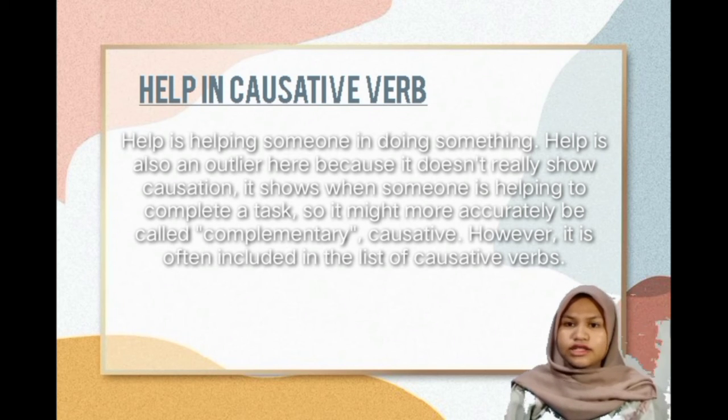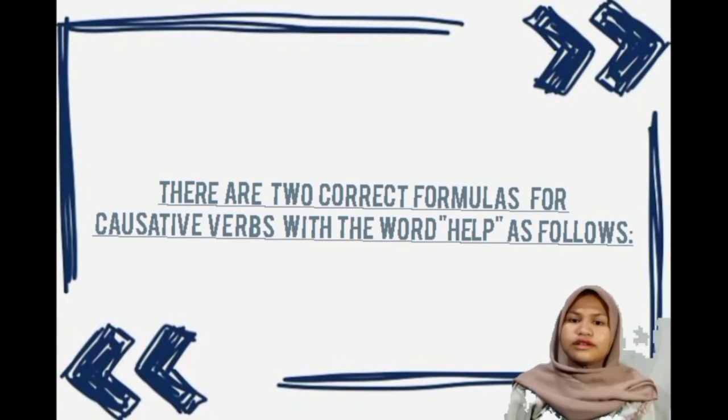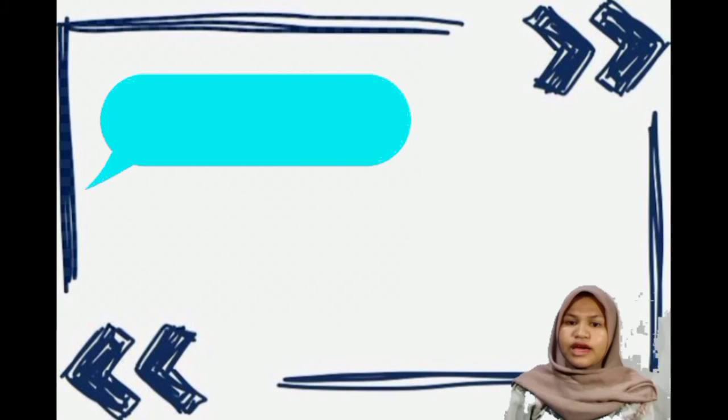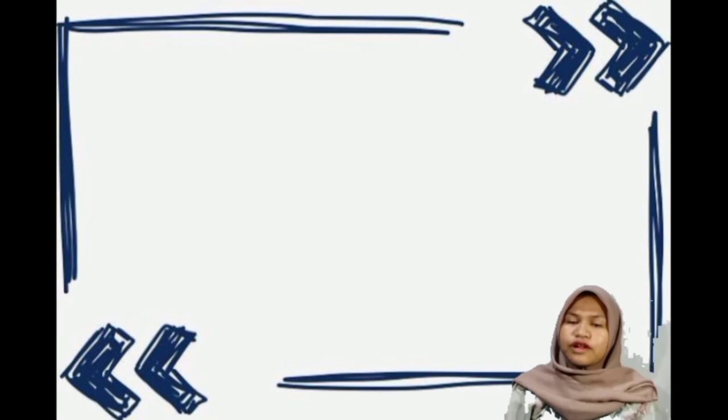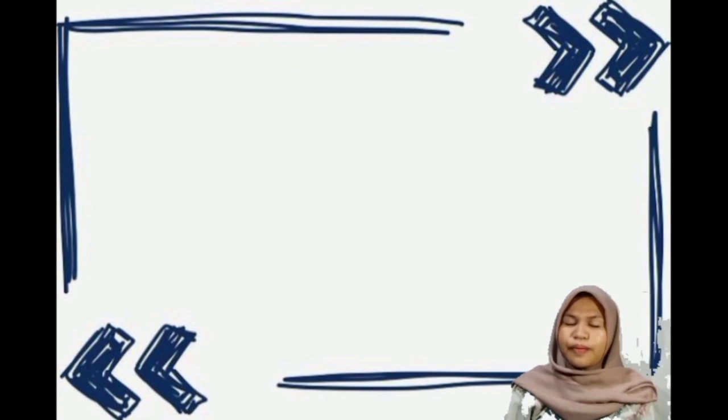However, it is often included in the list of causative verbs. And there are two correct formulas for causative verbs with the word help, as follows. The first is help plus person plus basic verb, and the second is help plus person plus infinitive.